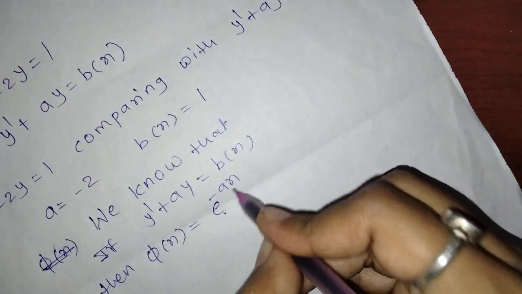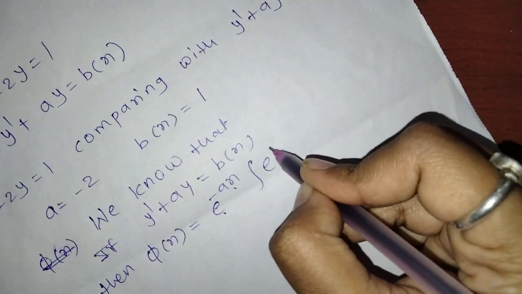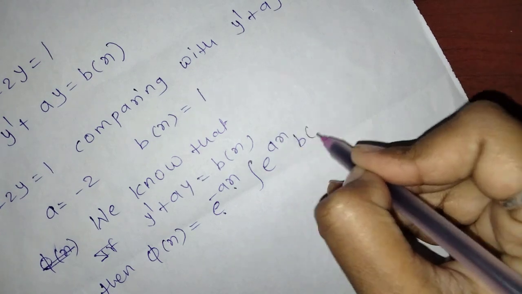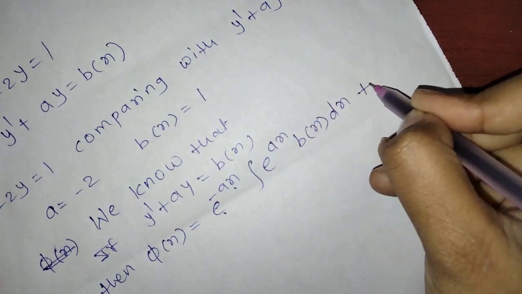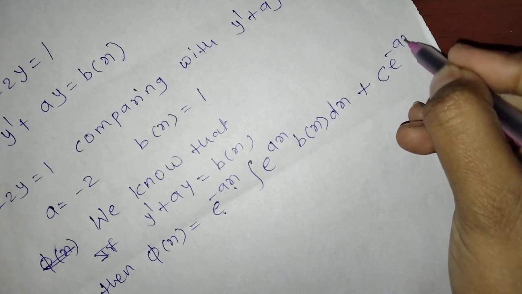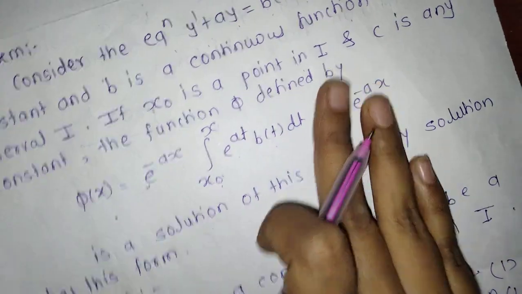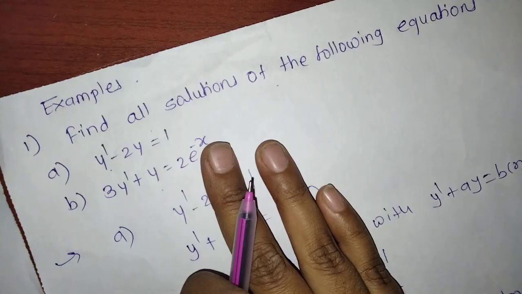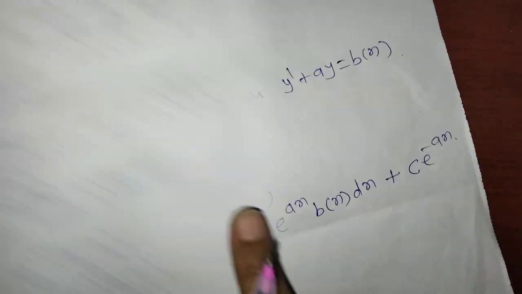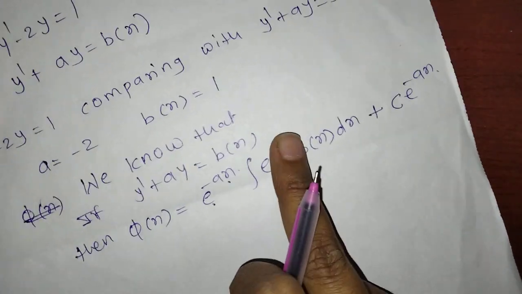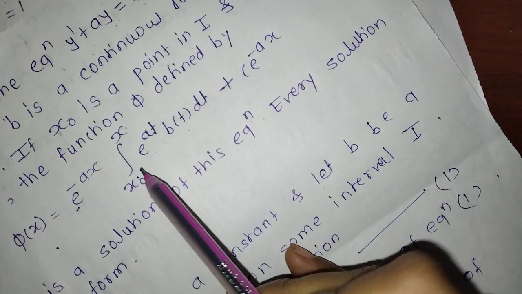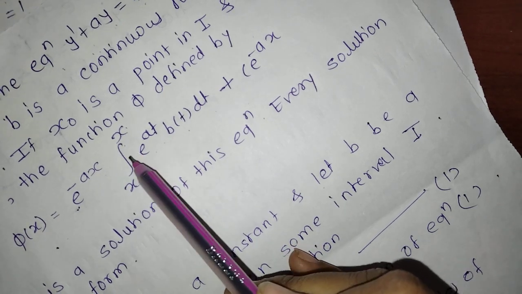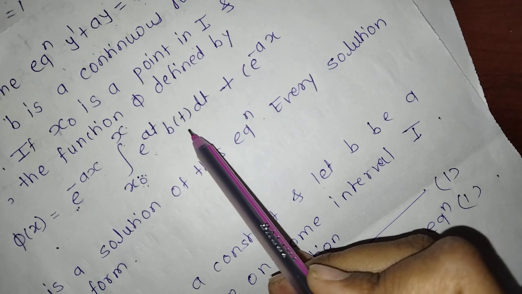So we take e^(-ax) into integration of e^(ax) b(x) dx plus c e^(-ax), because in the theorem the interval is given, but in this example the interval is not given. That's why here we take integration of e^(ax) b(x) dx, whereas there we take integration x0 to x e^(at) b(t) dt.